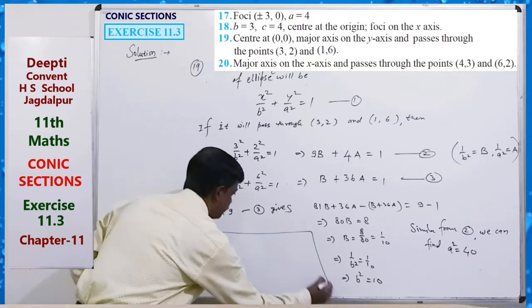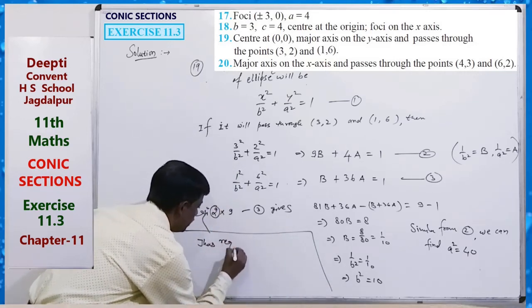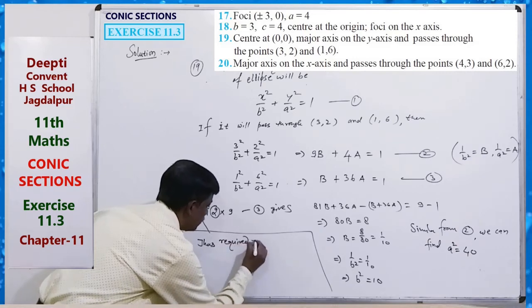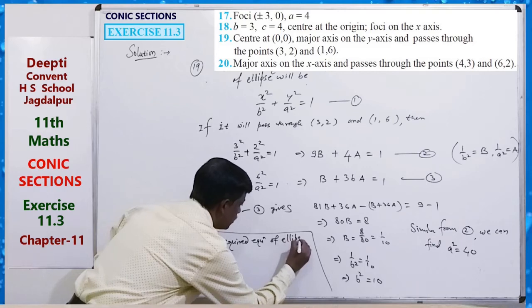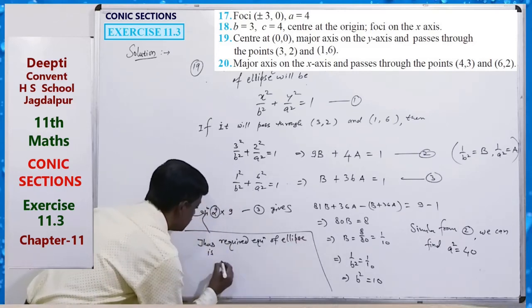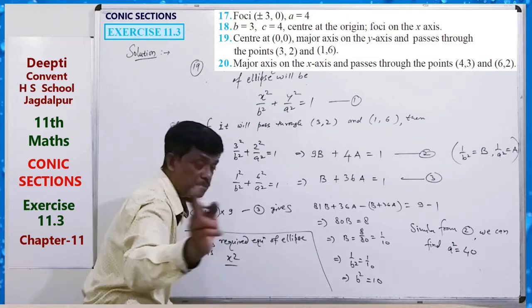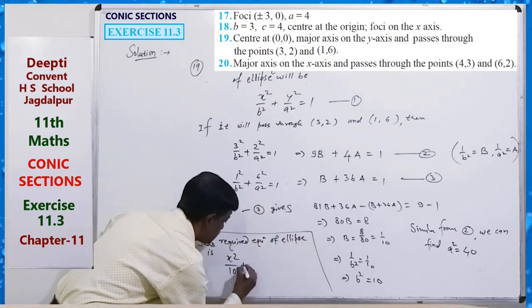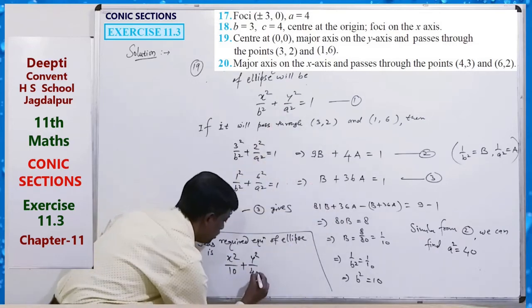Finally, thus the required equation of ellipse is x square upon b square, b square means 10, plus y square upon a square, a square means 40, equals 1.